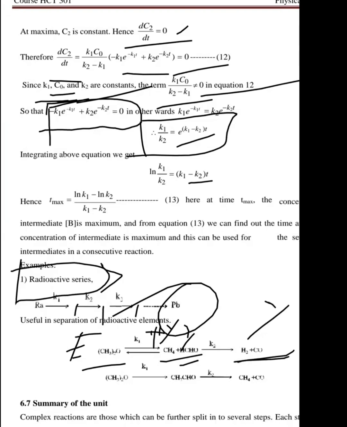This is one example of a reaction series, and one more is CH3 forming CH3CHO, with formation of the same methane. There are two different reactions here. This one is methane, and carbon monoxide is also formed.